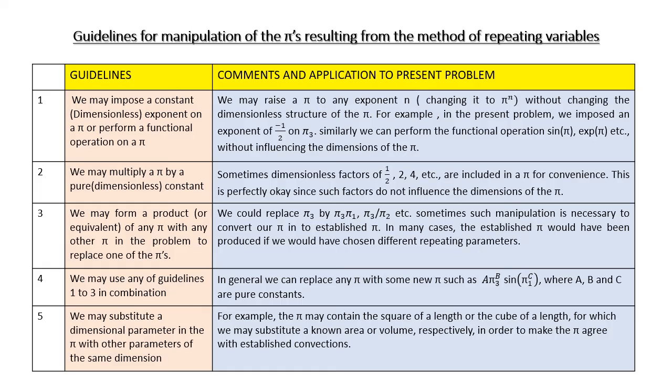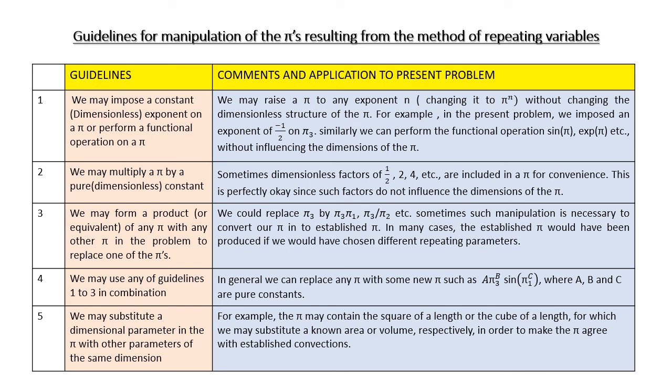Here are the guidelines on how to manipulate the pi terms. The first one: we may impose a constant exponent on a pi term or perform a functional operation on a pi term. We may raise pi to any exponent n without changing the dimensionless structure of pi. For example, in the present problem we imposed an exponent of minus half to convert pi 3 into pi 3 modified.